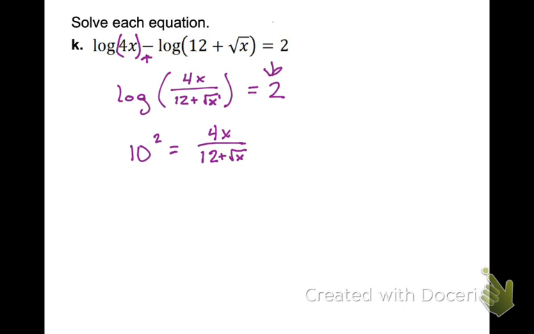Okay, so now what? This is 100, yes? And when I have a denominator, I need to get rid of it. So I need to multiply it over and distribute it, correct? So I would have 1200 plus 100 square root of x equals 4x.